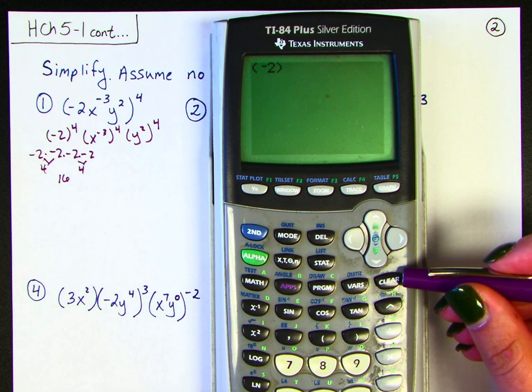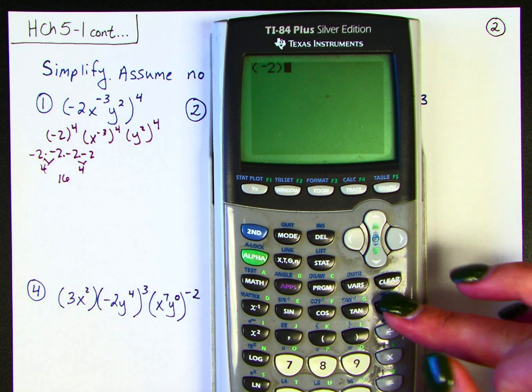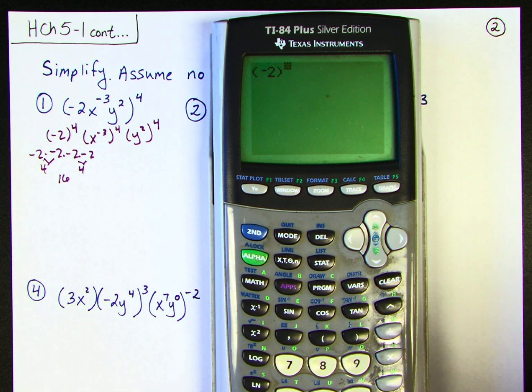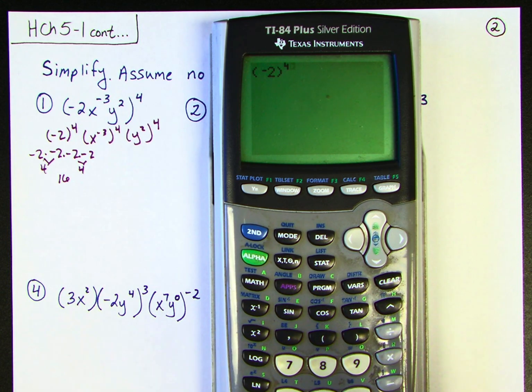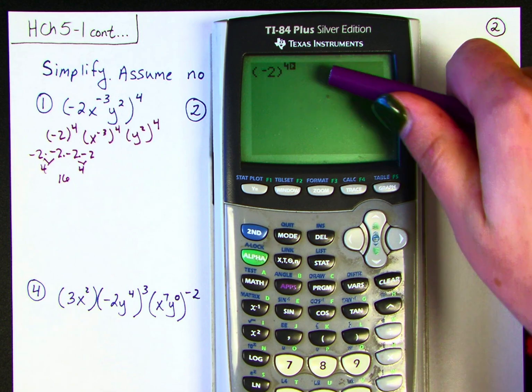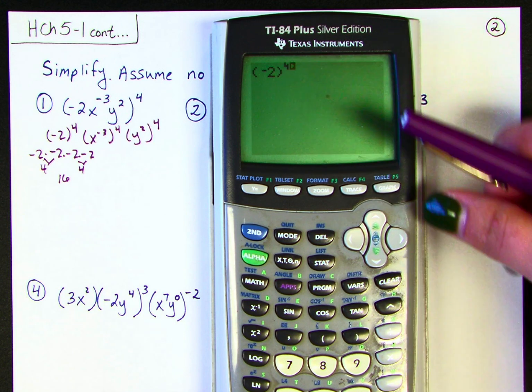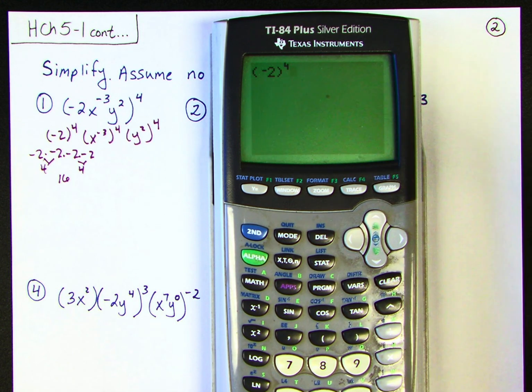So it's the key right below clear. I don't know why they call it a caret key, but that's what it is called. And then we would type in our exponent, so the 4. And then if we had to type in more information with what it looks like here, I would need to arrow to the right to get my cursor to come back down out of that superscript. Okay? And then we're just going to press enter.